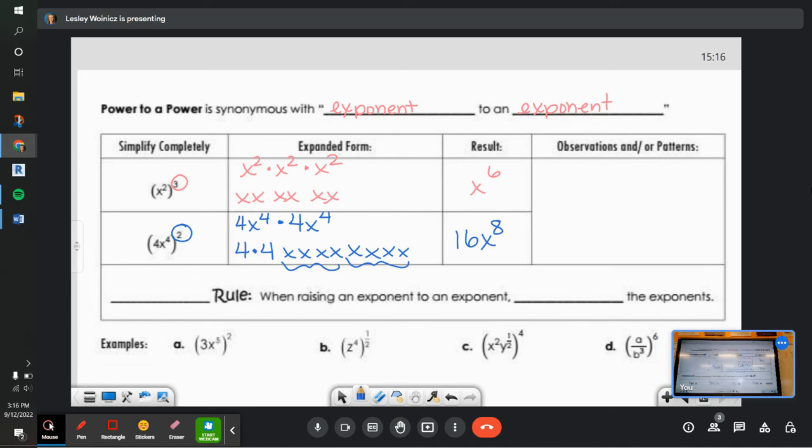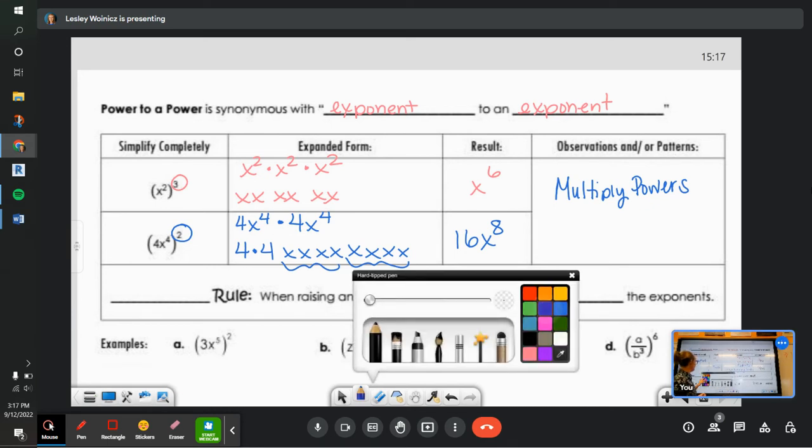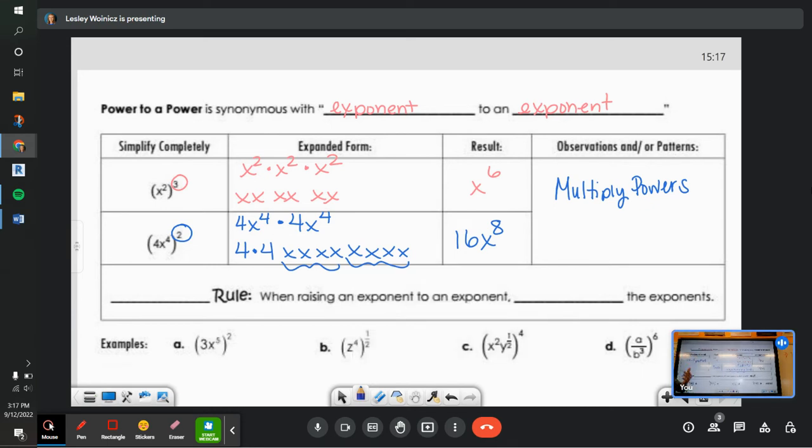All right, so what rules are popping out at you? If I have exponents raised to other exponents, what shortcut do you see that I can use with the powers? Yeah, we multiplied them. So we are going to multiply the powers. Okay, also for this one down here that we did, the second one, everything inside parentheses got squared.